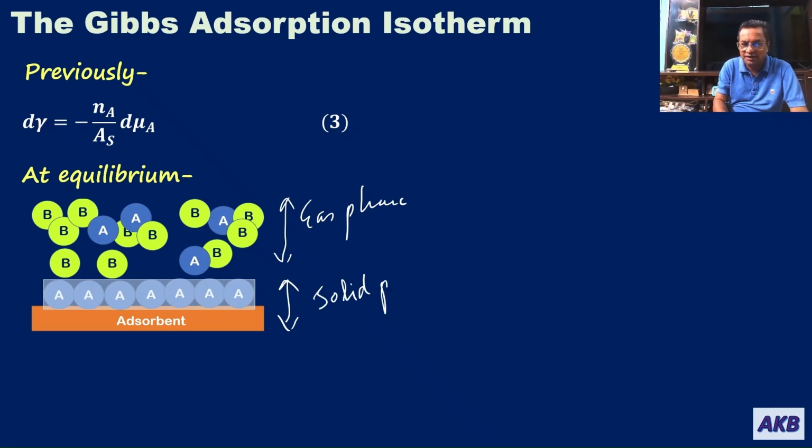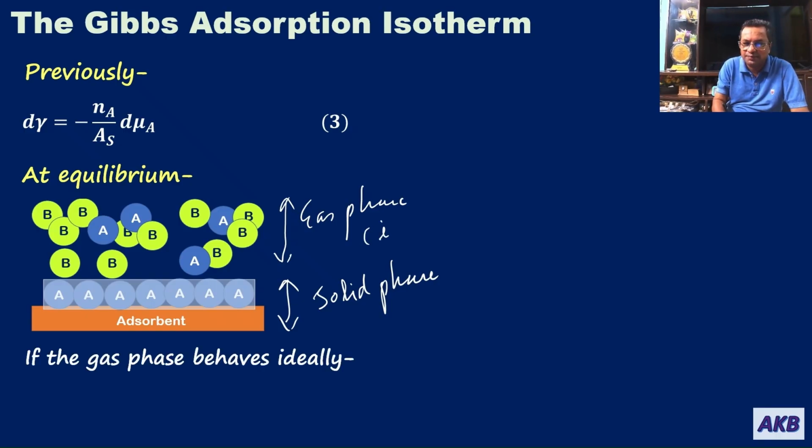when they are in equilibrium with each other, and if you assume that the gas phase is behaving ideally, then d mu A, the chemical potential of A in the film, is equal to the chemical potential of A in the gas phase.